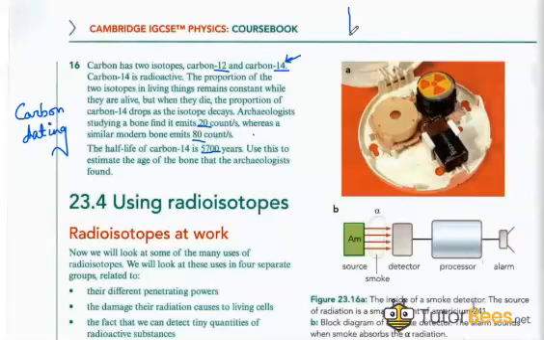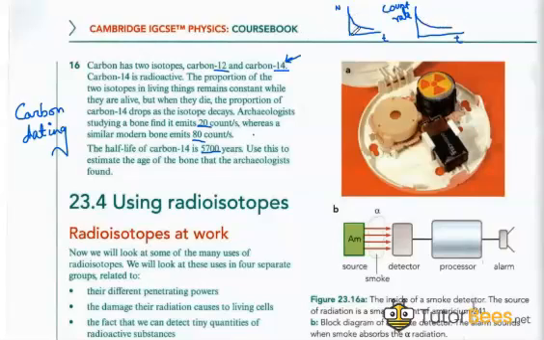The graph for the number of atoms decaying was like this. If I take time on the x-axis and the number of undecayed atoms on the y-axis, the same is the case for count rate. If I plot the count rate and time on the x-axis, the pattern would be exactly the same.